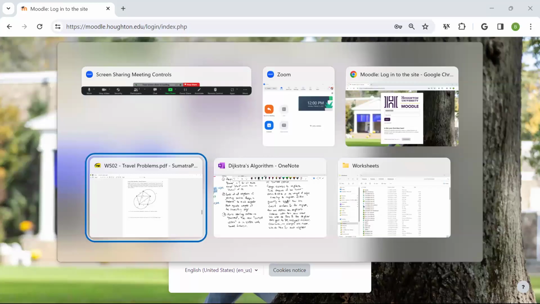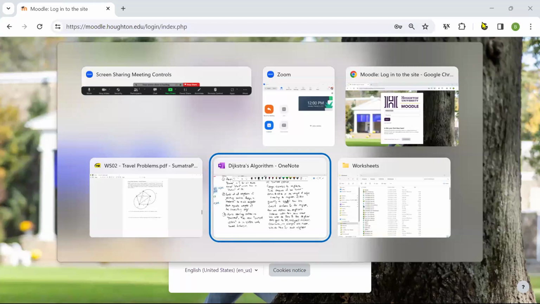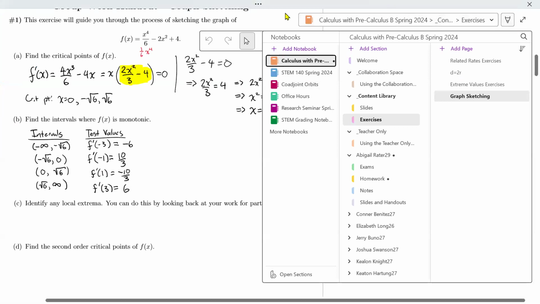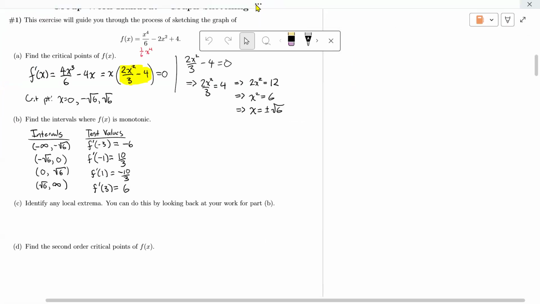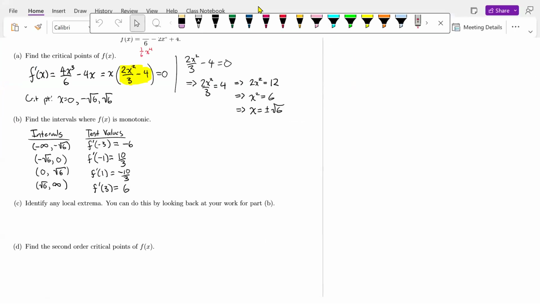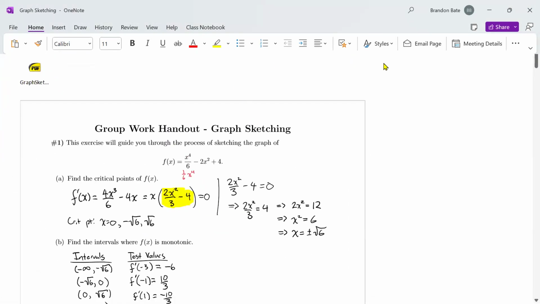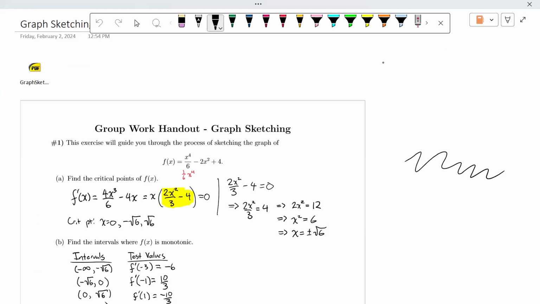There's two of them. So I do everything on my screen here. I have everything on my screen, and this program is called OneNote. You should have access to it if you need it. It lets me write on my screen like that.